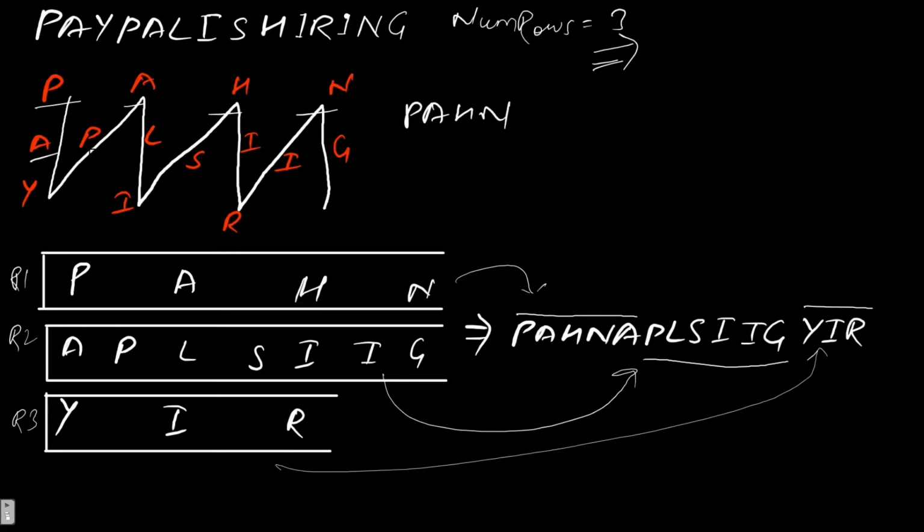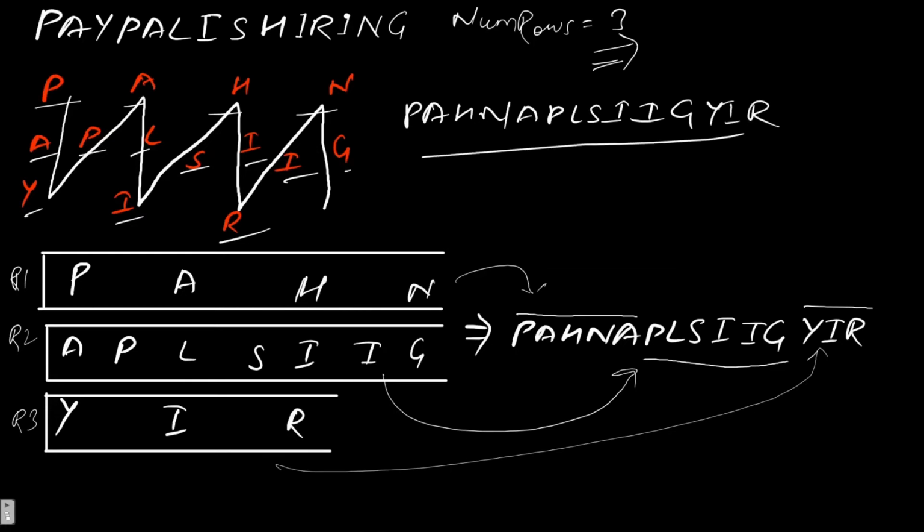Then we will write all the characters that are placed in the second row, or row number 1. So it will be APLSIG, and then at last we will write YIR, the last row. So YIR. So our resultant string will be something like this.